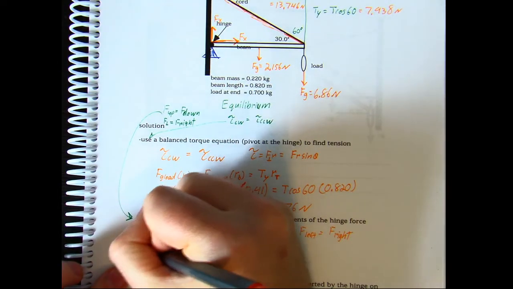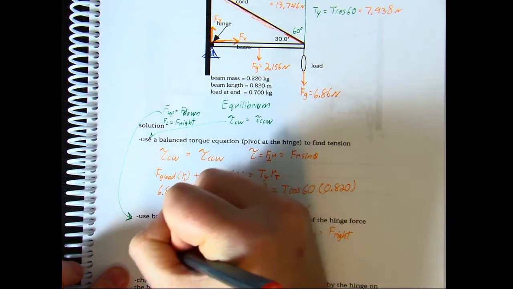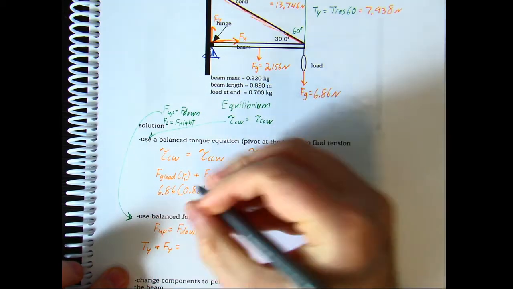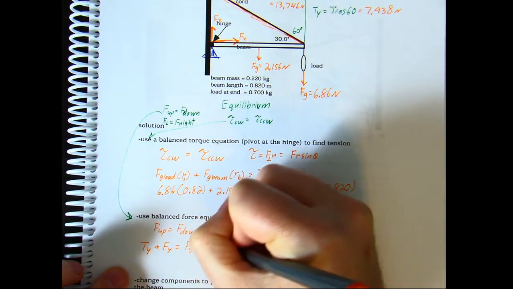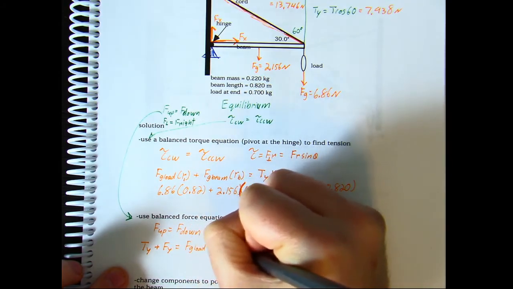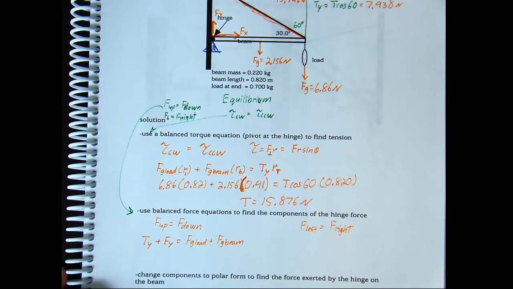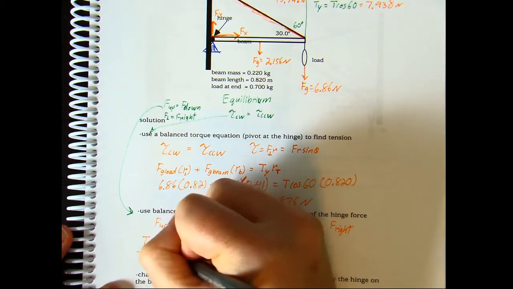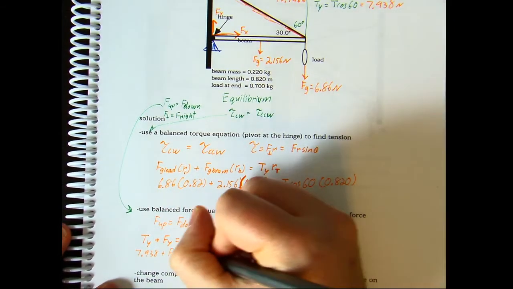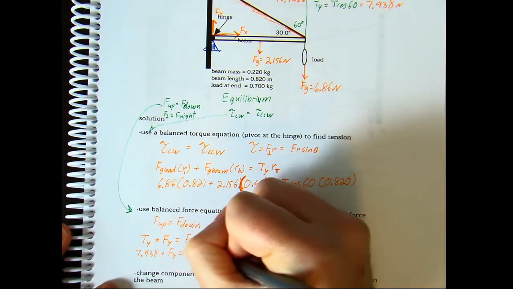So I'm going to have Ty plus Fy is going to equal Fg load plus Fg beam. Ty is 7.938 plus Fy equals Fg load, which is 2.156 plus the beam.